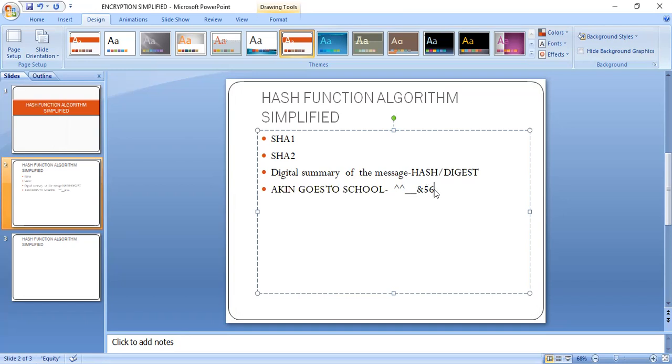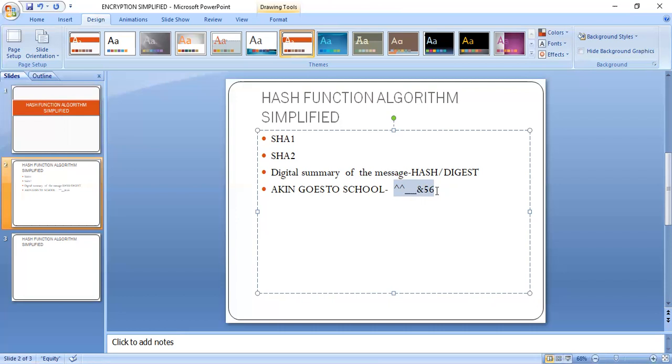Seven characters. So let's assume this is a hash of Akin goes to school. I want to send you the message, Akin goes to school. So I get the message across to you, Akin goes to school. Then I will also send this hash digest to you, a digital summary of the message I have sent to you.